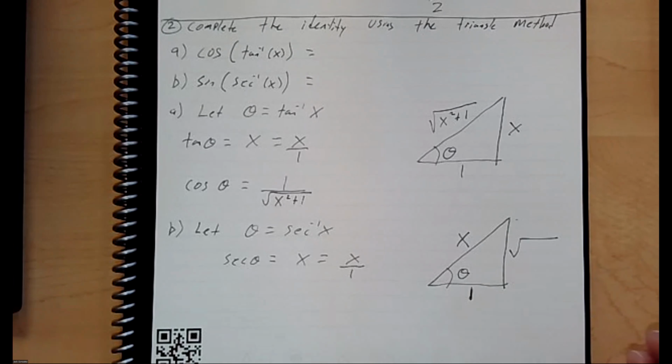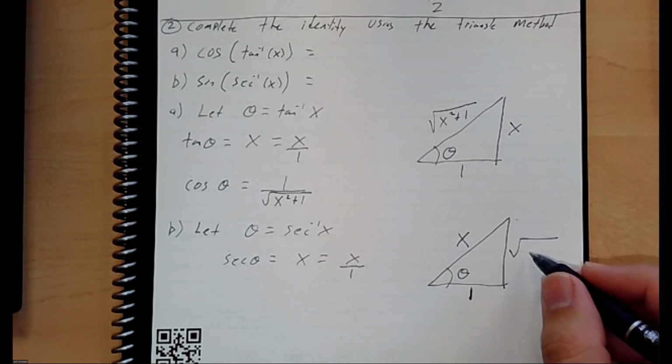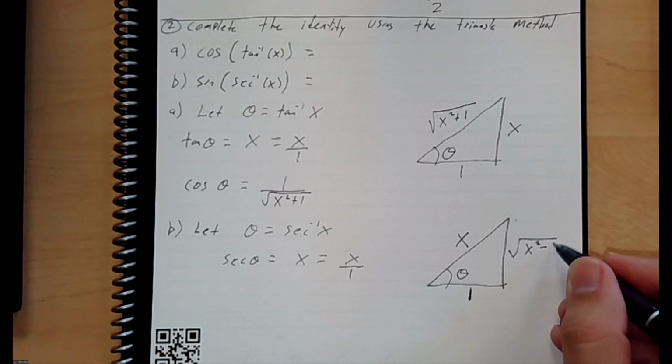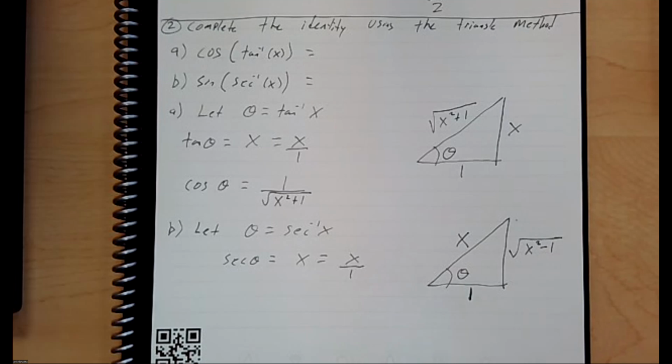The Pythagorean theorem will give us the square root of x squared minus 1. I'm going to skip that step. Now that we've done so, they wanted sine.